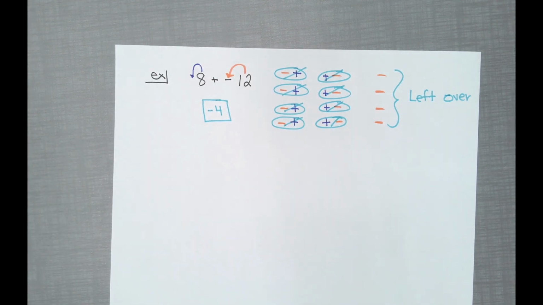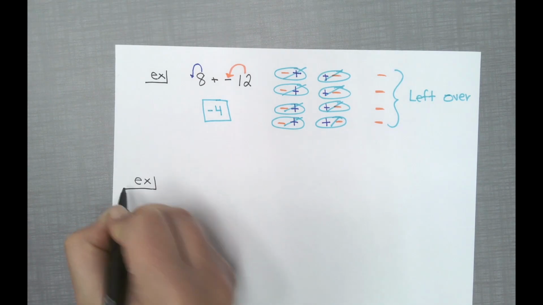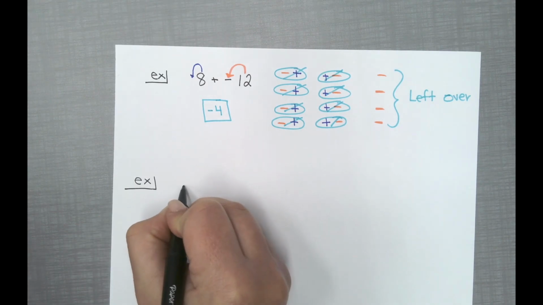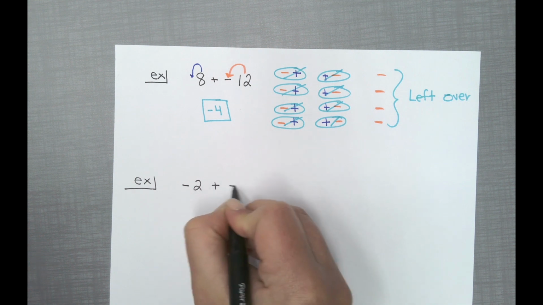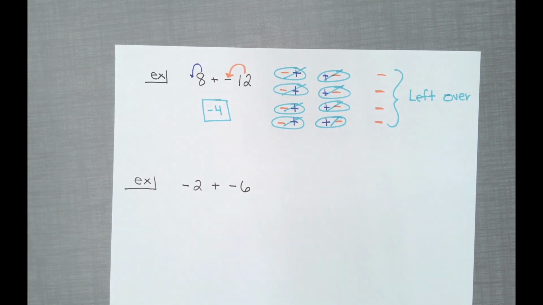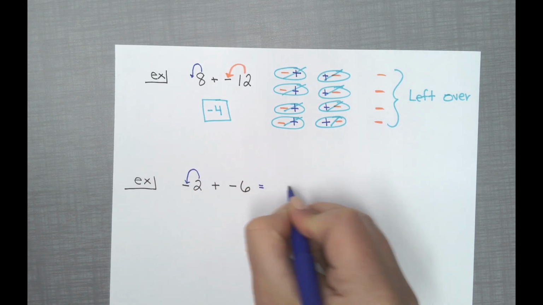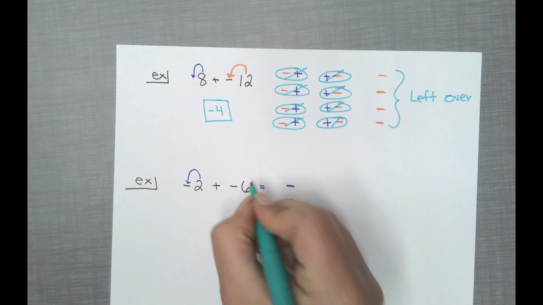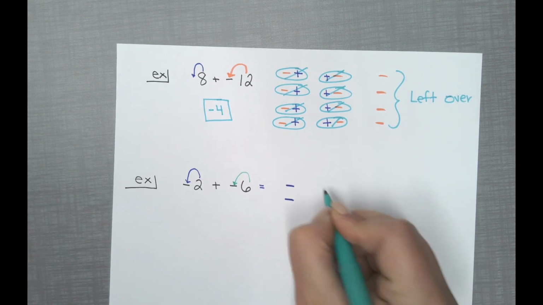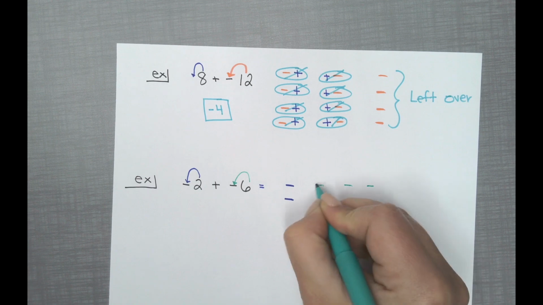Let's do one more example here. So let's say we have something like negative 2 plus negative 6. We have 2 negatives, so let's go ahead and do 1, 2 negatives. And I have 6 negatives. 1, 2, 3, 4, 5, 6.